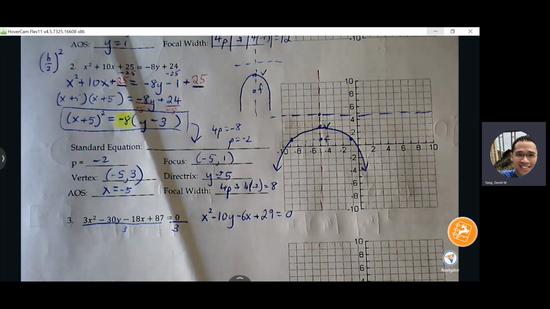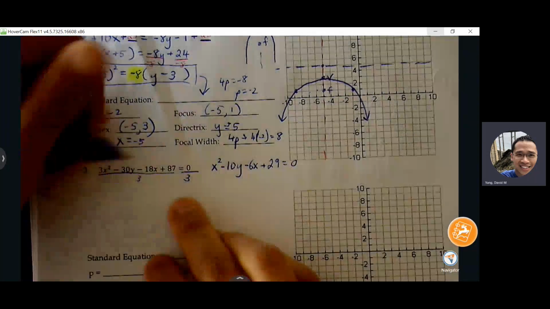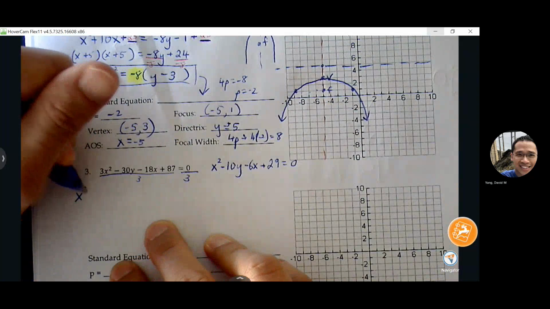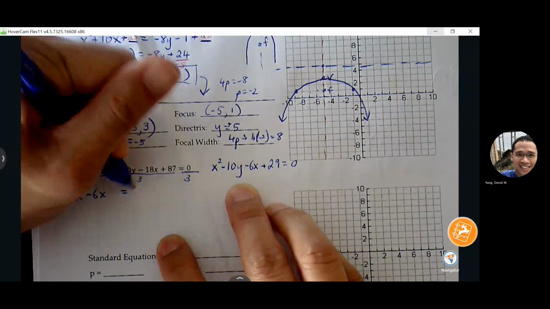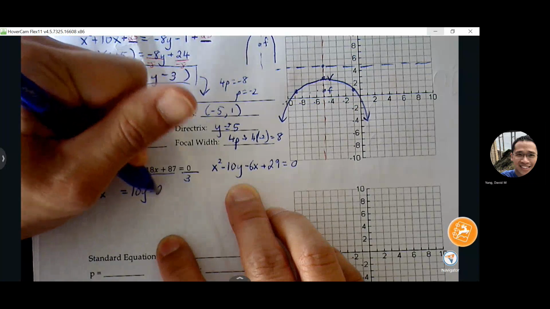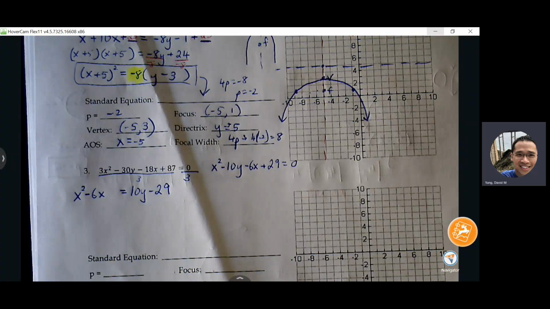Okay, we know the x is squared, so let's go ahead and group the x's on the left. Make sure everything is in its proper place. Does that look good for everyone?